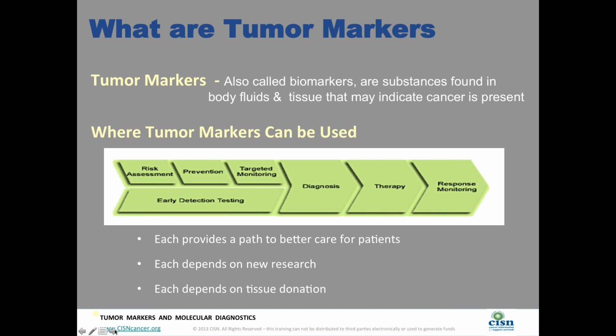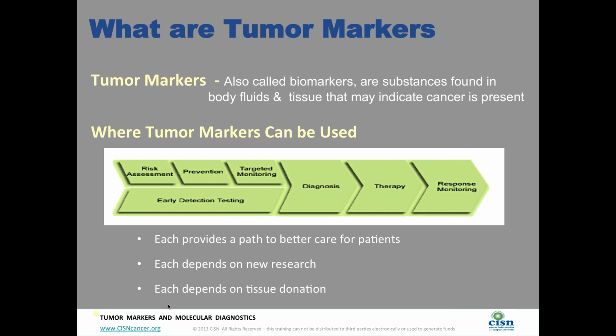So this arrow shows where they're hoping to be able to use tumor markers, and early detection would be a place that a lot of people are trying to look at, because it would be so much better to have an annual blood or urine test that could detect cancer really early.